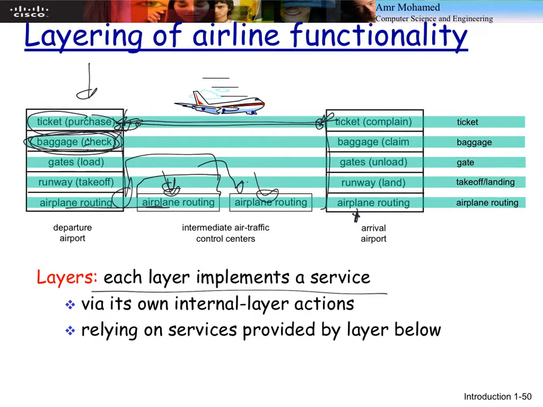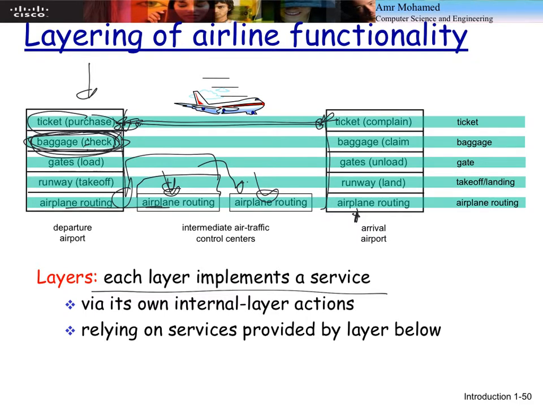I can renovate, for example, the escalators, or I can enhance the process of how you get your baggage, and that will not affect the ticketing service, and it will not affect how you find your gates and stuff like that. Okay, so I can choose to modify a certain level of the network without affecting the upper and lower layers.